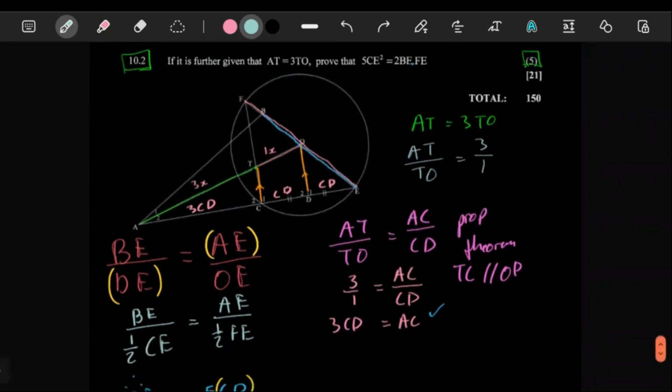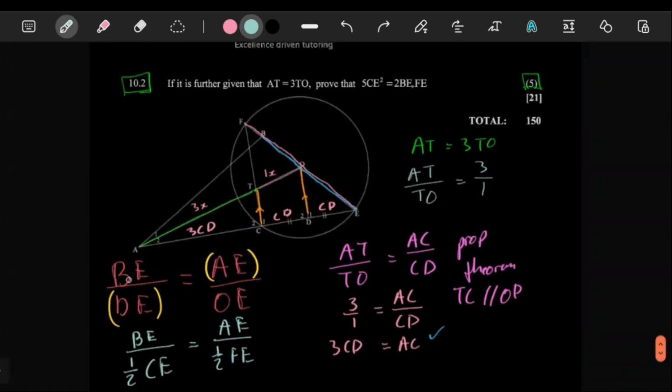So all we did was we said, in what we already have, what can we use to have these letters? So we have a BE already. We already have something that can get us FE. And then we said, where there's OD or DE here, there's a way we can incorporate CE in there.